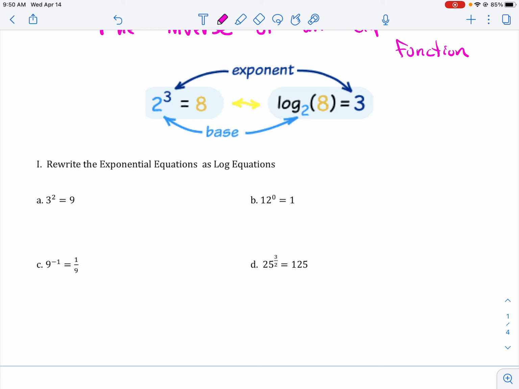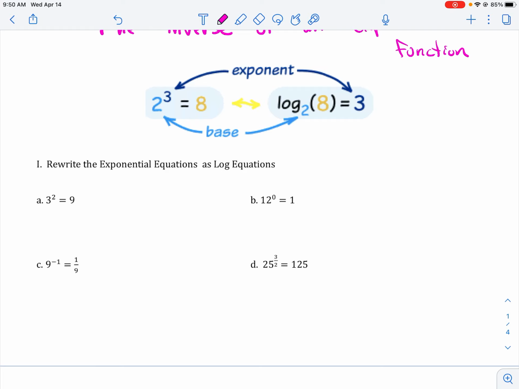Just like when we were going from negative exponents to rational numbers, and going from exponents like 3/2 and changing them to radical form, this sort of thing is important as well, right? Being able to go from logs to exponential back and forth will help you be able to solve these. All right, so that's the important part about being able to switch these. You utilize it in order to solve these problems.